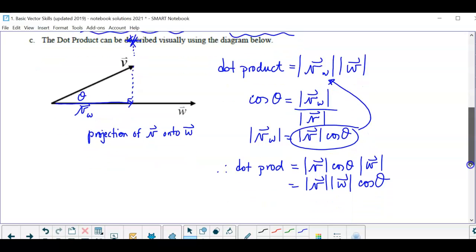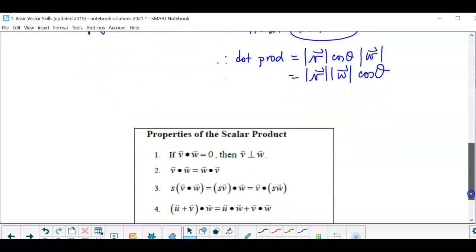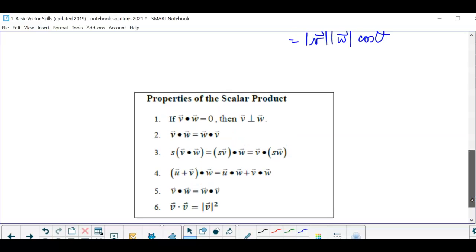Okay. So, as I said, we're going to use these to calculate different things. And so here are some of the properties of the dot product. Okay, so if the dot product equals 0, then they're perpendicular.